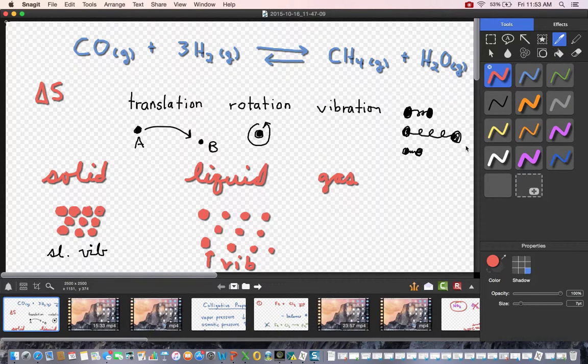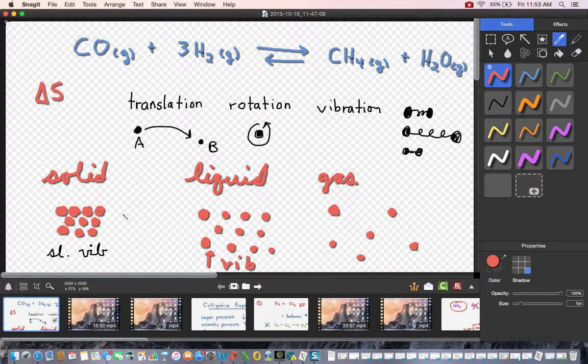In a gas, however, each individual copper atom would be capable of all 3 types of movement, because I don't have intermolecular forces constraining the movement. So the more IMF you have, the less freedom you have.